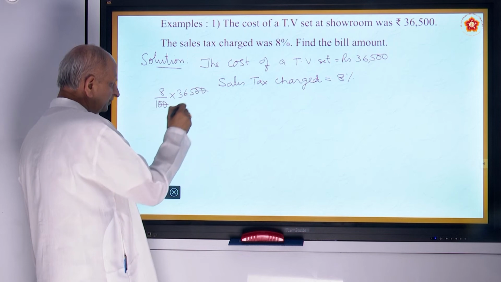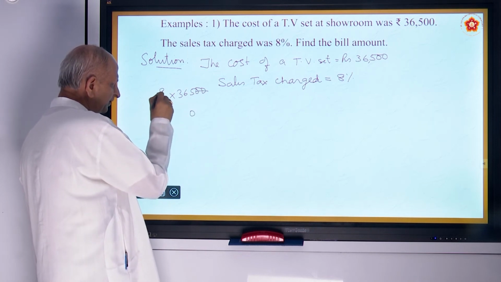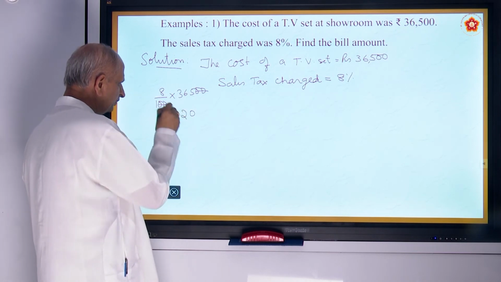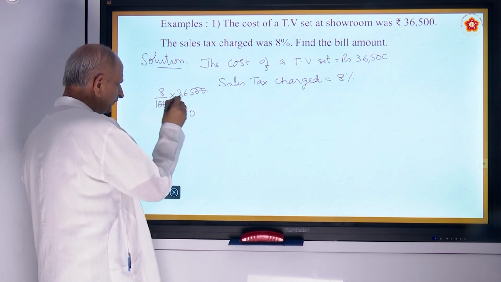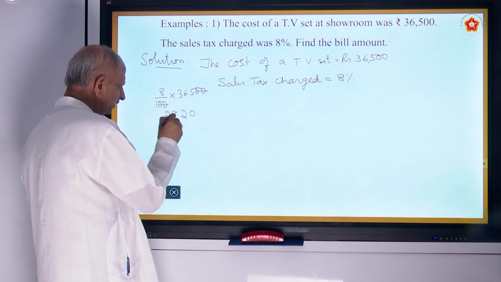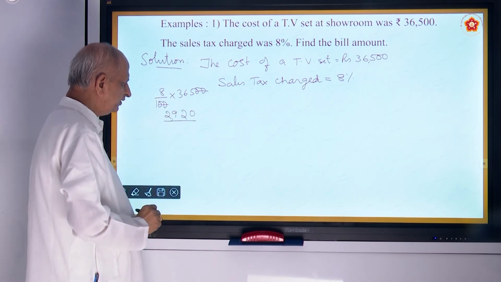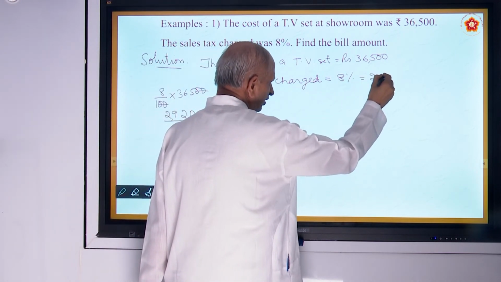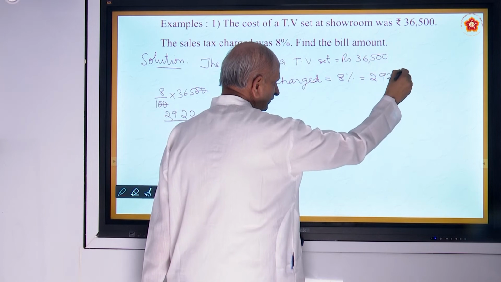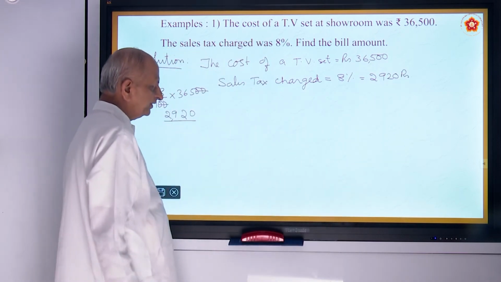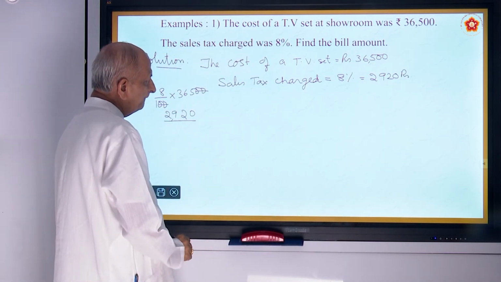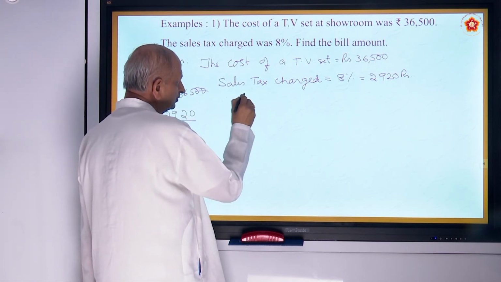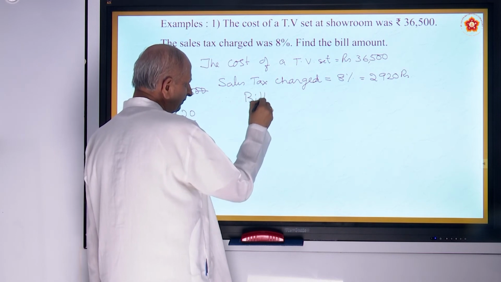So 0 cancels. 8 5s are 40. 8 6s are 48 plus 4, 52. 8 3s are 24 plus 5, 29. 2,920 rupees. So that is the tax. 2,920 rupees. That is the sales tax. So now bill amount. This is to be added. Therefore, bill amount means total bill.